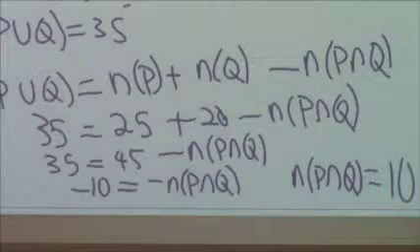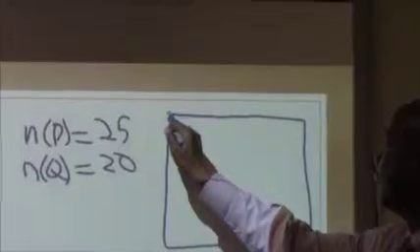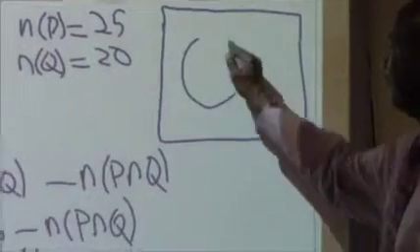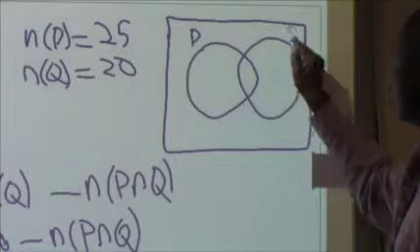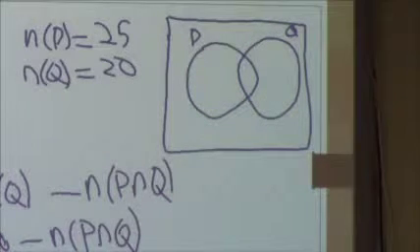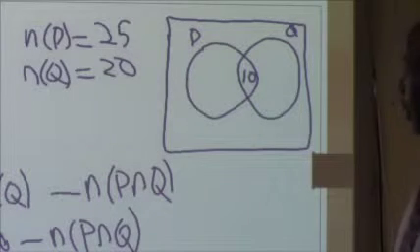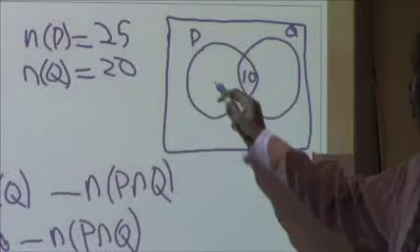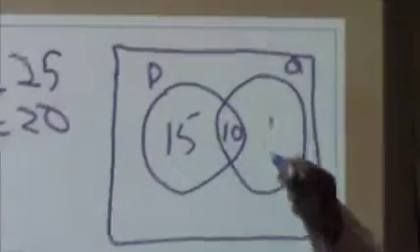Now I don't have a lot of space, but I'm going to just show you what we have right here. This is P, and this is Q. So now the number of elements we have in P intersect Q is 10. Well, the number of elements we had in P was 25, so this is going to be 15. 10 plus 15 is 25. The number of elements we had in Q was 20, so that's going to be 10.